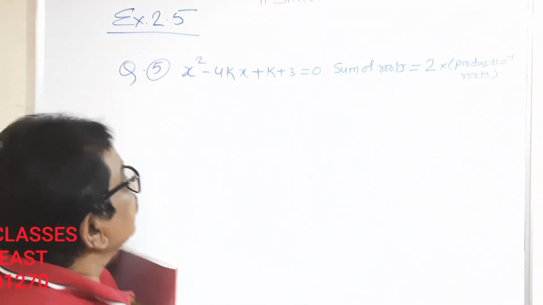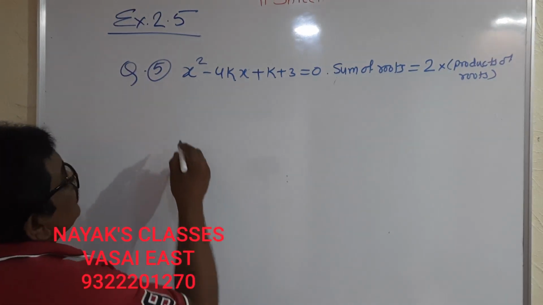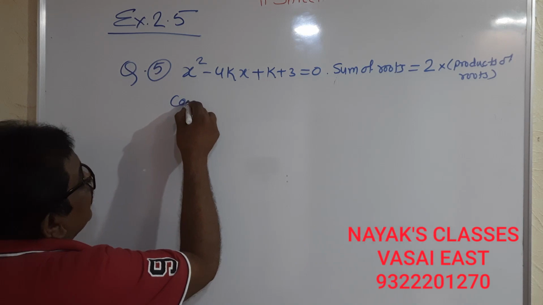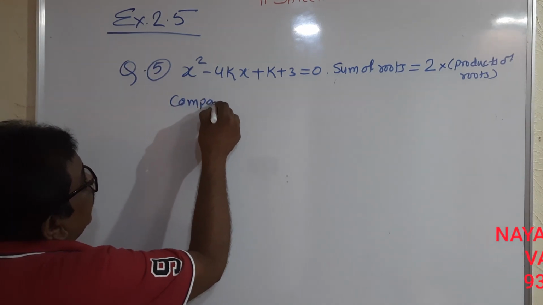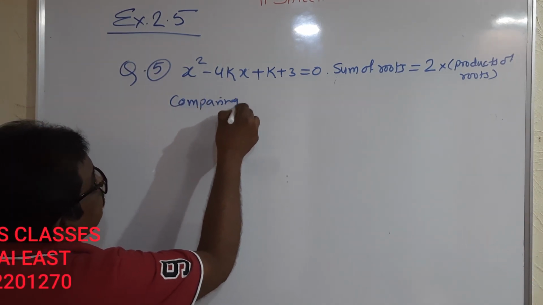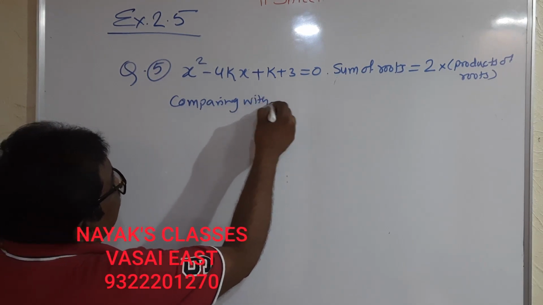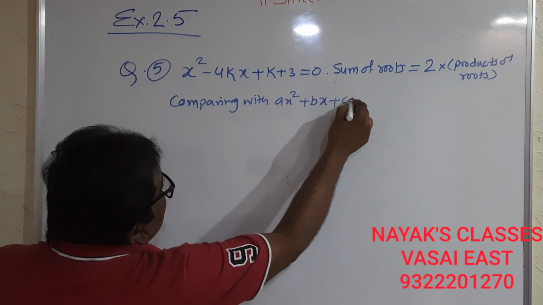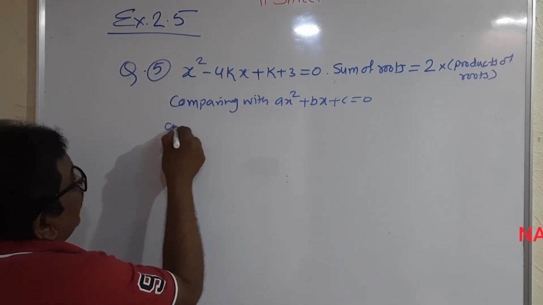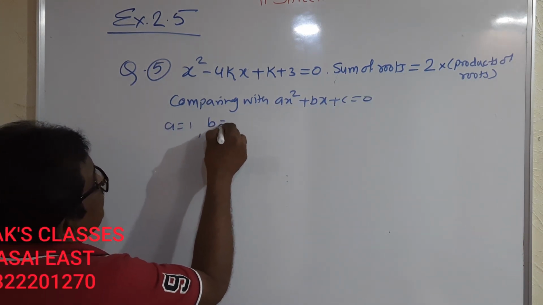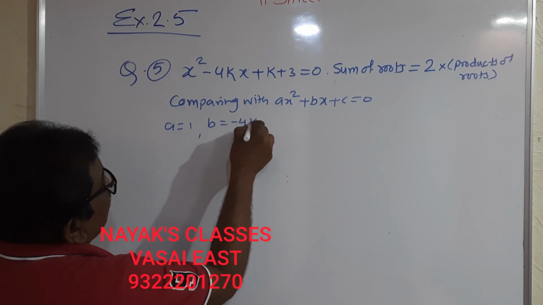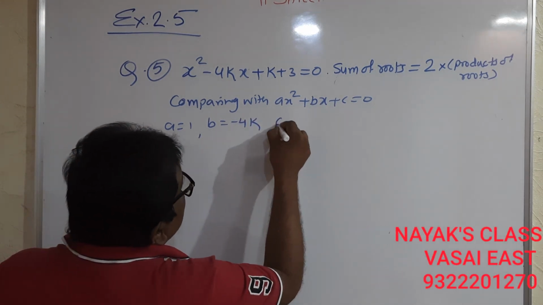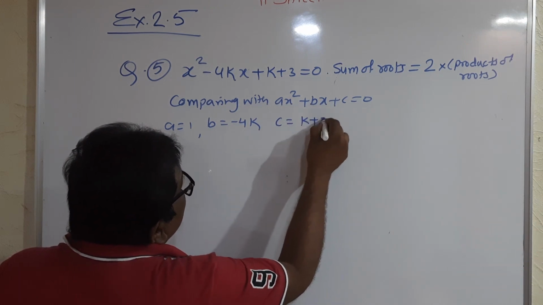First of all, we have to compare with ax square plus bx plus c is equal to 0. A is 1, b is equal to minus 4k, and c is equal to k plus 3.